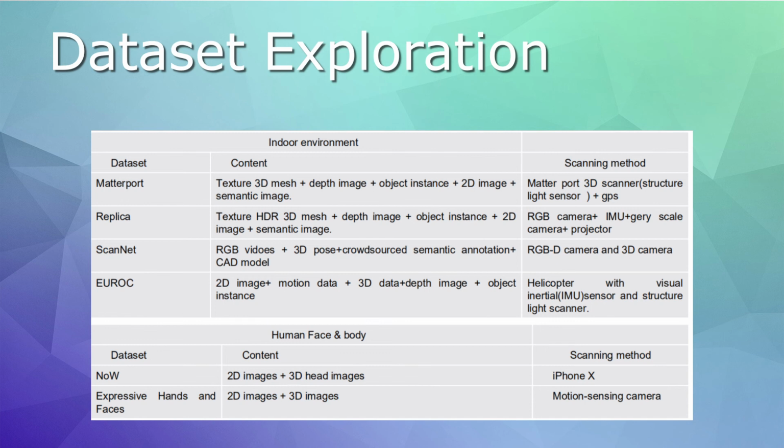For face scanning, researchers prefer to use structured light scanners and laser scanners because they are more accurate and depict the face in great detail. The dataset of the indoor environment is also completed by structured light scanner. The difference is that the information of multiple objects in the room needs to be scanned.